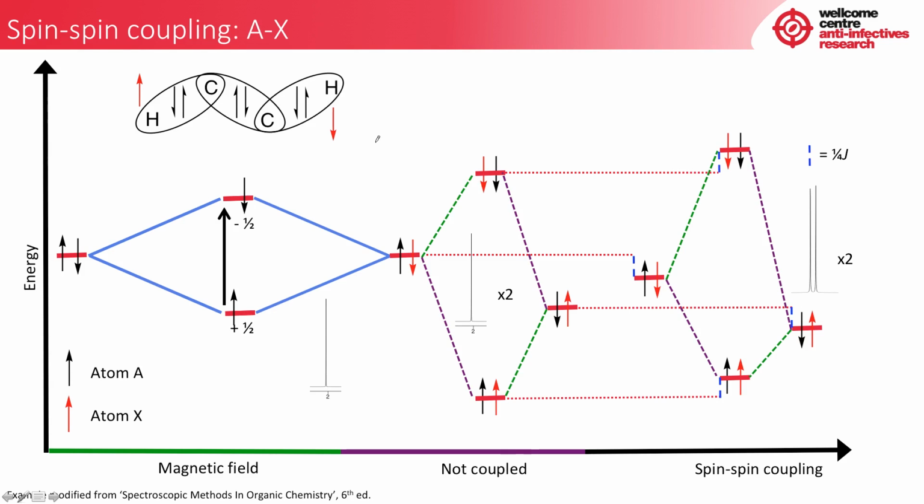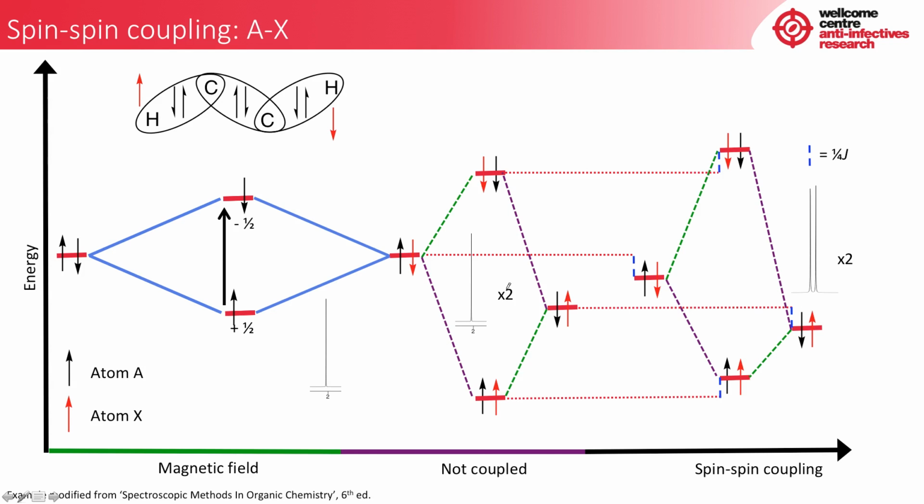If we put both of our nuclei of interest here on the same diagram, but we don't couple them, then we can see each in this case gives a different transition. These are two different signals with different chemical shifts.